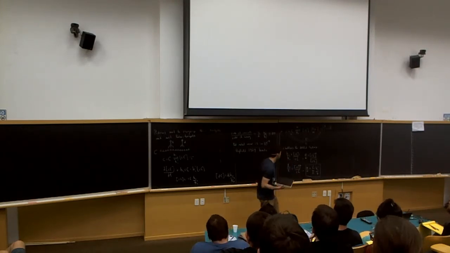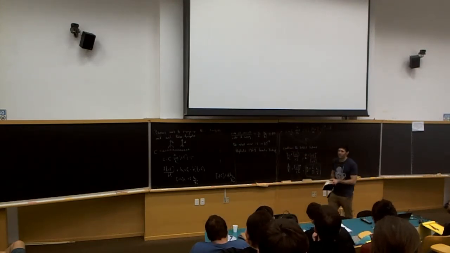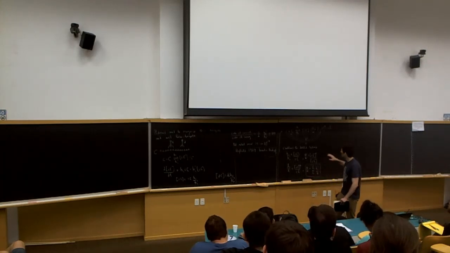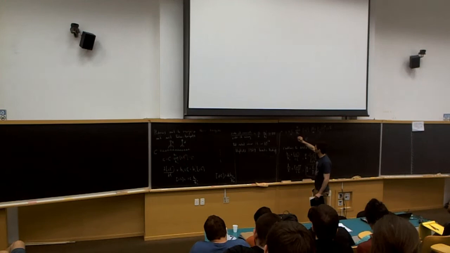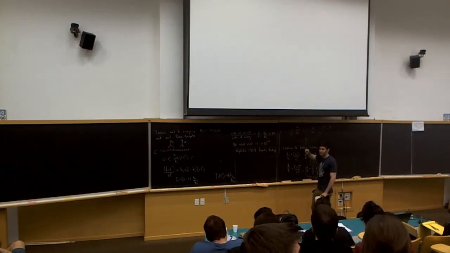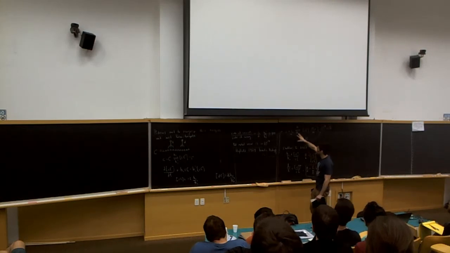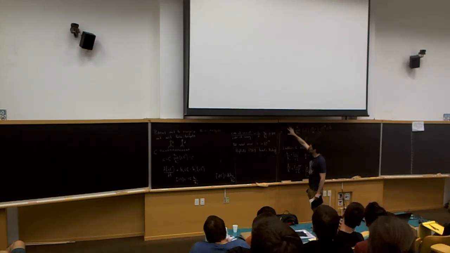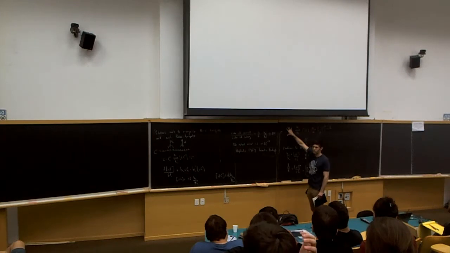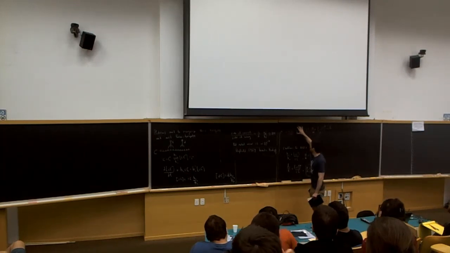And I'm being very casual about this, so I'm being very non-rigorous. But all I mean is that if I look at this process in its steady state, I'm going to have times where I go from one configuration of the system to another configuration, times when I go from this configuration back, and it should be the case that the number of times I go this way equals the number of times that I go this way.